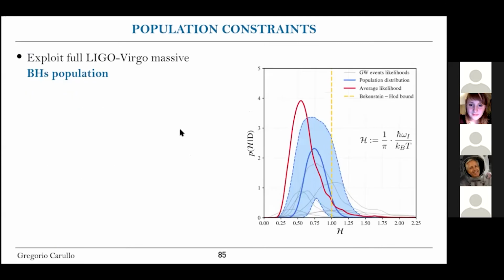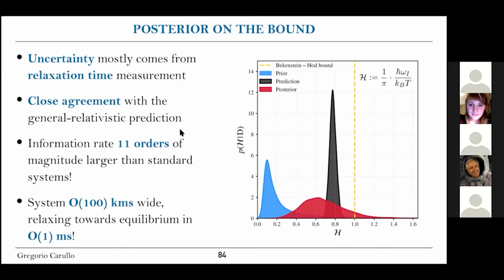And of course, we wanted to do this for the full black hole population. Oh yeah, can I have a question, Gregorio? Yes. If you go back, what is driving your prior? Okay, that's a good question. So the prior in this first plot is driven essentially by the LVC priors on the component masses and component spins, and on a uniform prior on the relaxation time.